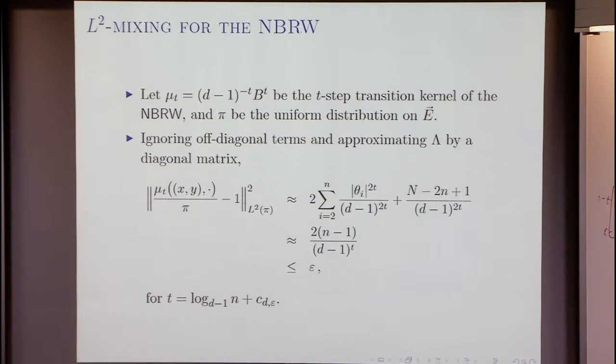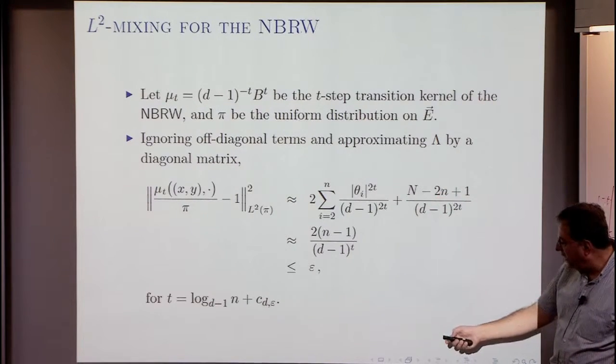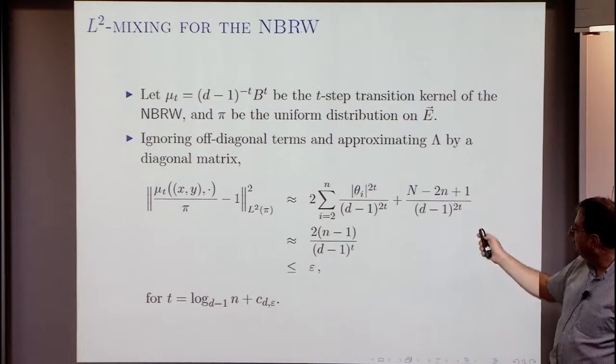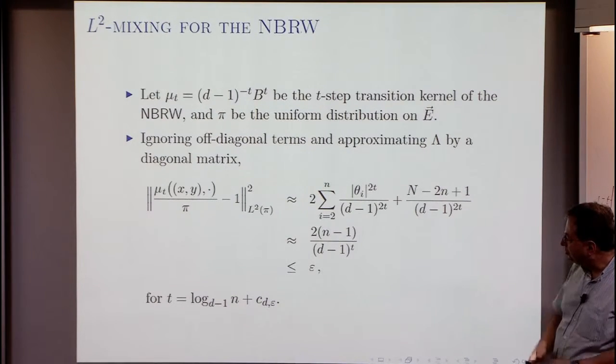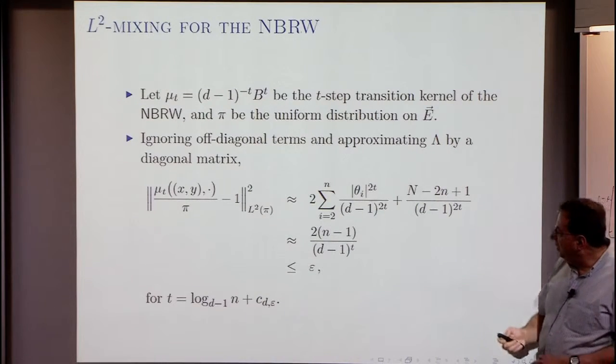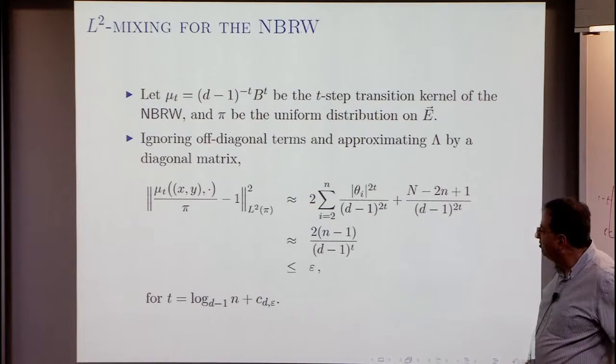If it was diagonal, you would simply compute this using the eigenvalues. These are the unimportant plus minus 1 eigenvalues. The t we're going to take is log base d minus 1 of n, and this immediately implies that this term will be negligible. And so the term of interest is here, arising from these Bass eigenvalues.